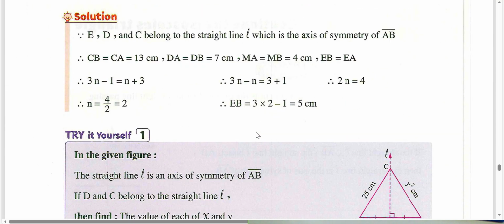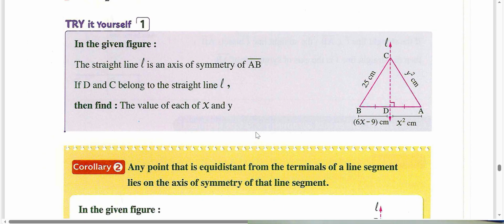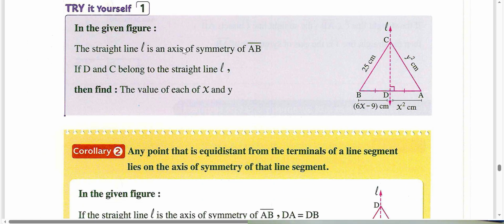Look with me at the example. Number one: in the given figure, straight line L is the axis of symmetry of AB. If D and C belong to the straight line L, find the value of x and y.